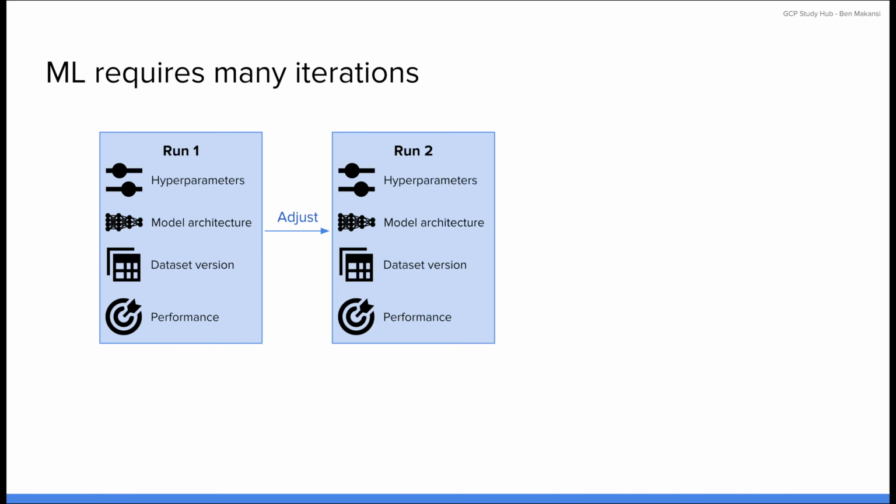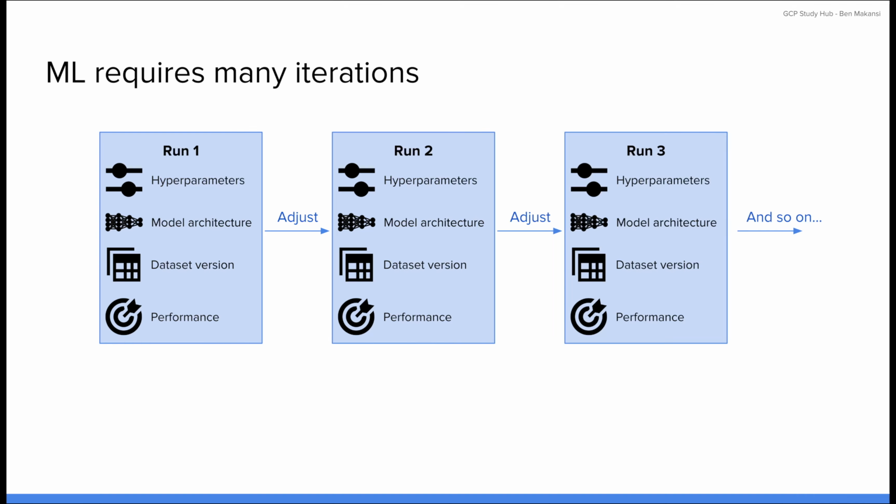In the second run, you adjust the architecture, you tweak some hyperparameters, you use a slightly more complex version of the dataset with new features, and then you measure performance again and you compare it with your previous attempt. You repeat this process, adjusting inputs, trying different combinations, observing what changes, and this continues through multiple runs.